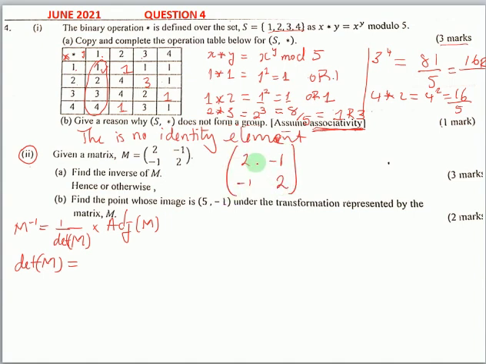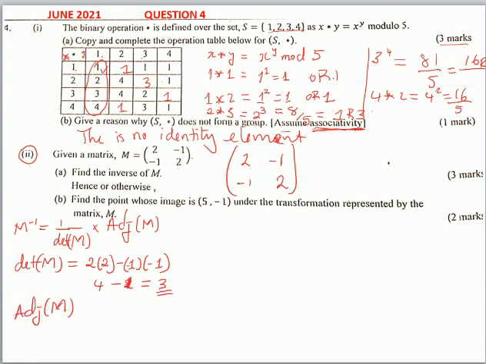We are simply going to multiply 2 times 2 minus -1 times -1. So it's going to give us 2 into 2 minus -1 into -1. We'll do this. We are going to have 4 minus 1, which gives us 3.